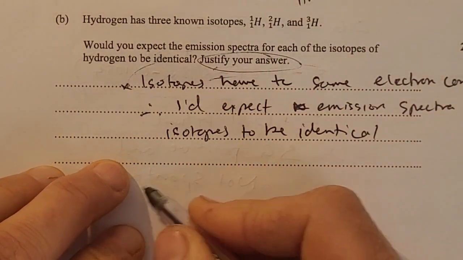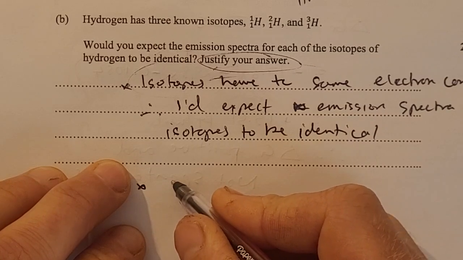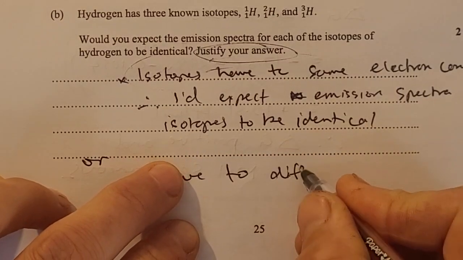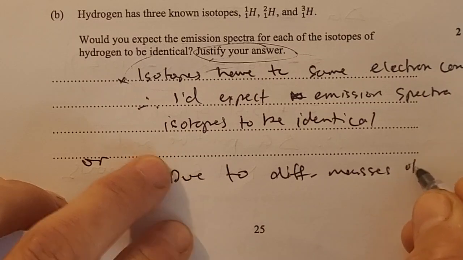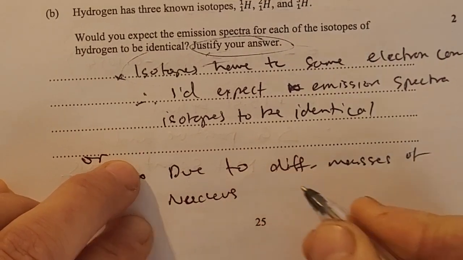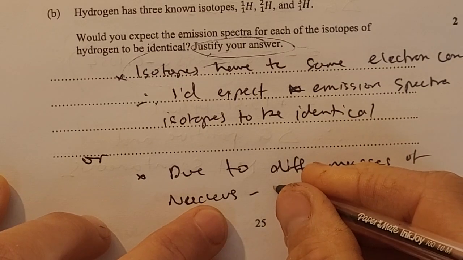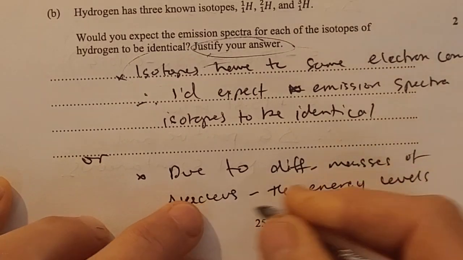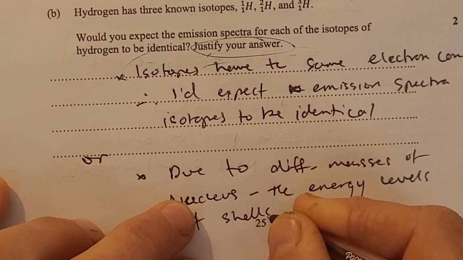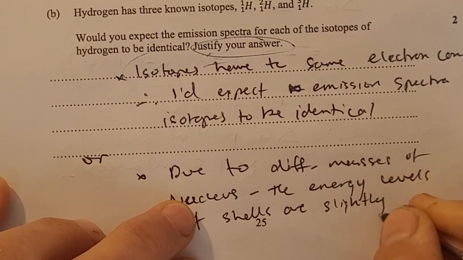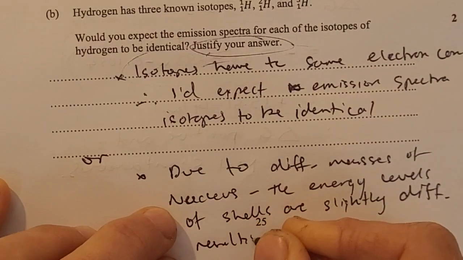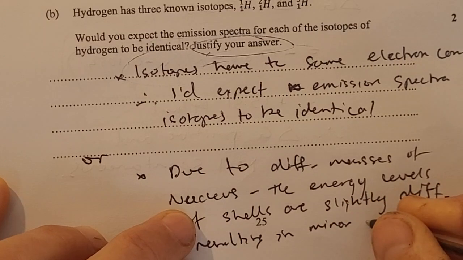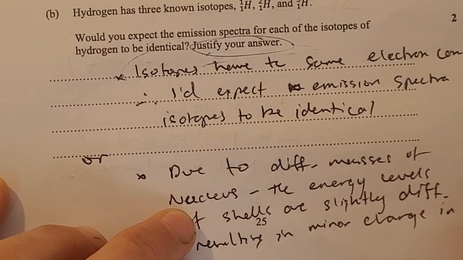So you could have said here that due to different masses of nucleus, the energy levels of shells are slightly different, resulting in minor change in emission spectra.